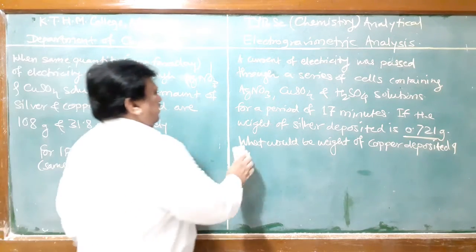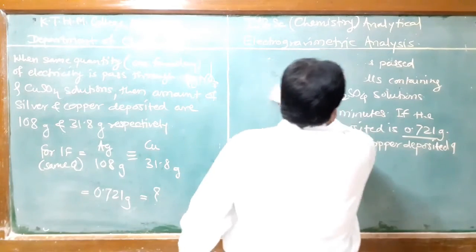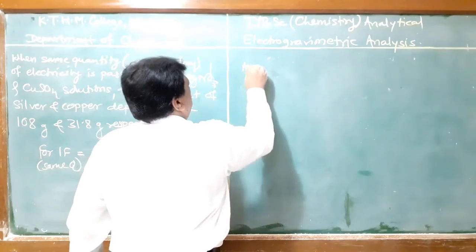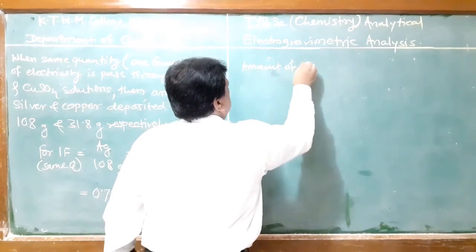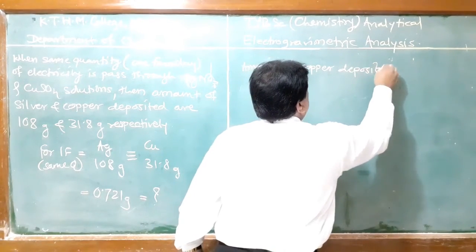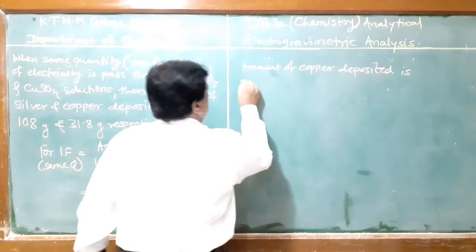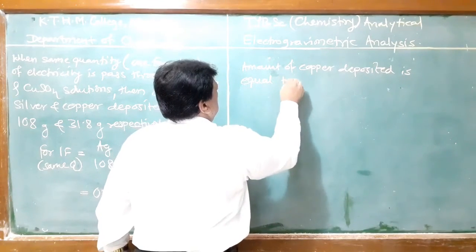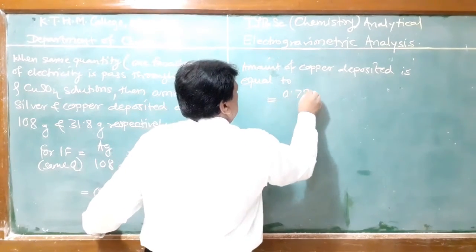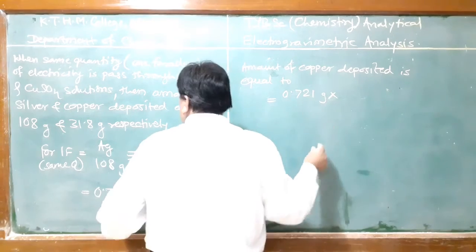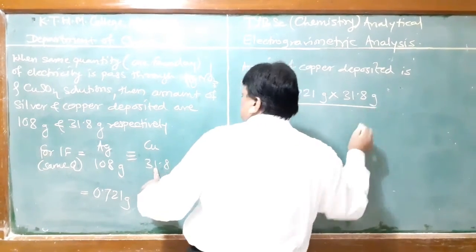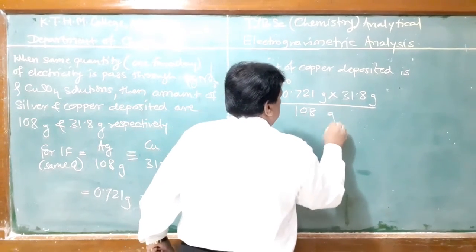Simply, with a cross multiplication, the amount of copper deposited is equal to 0.721 gram into 31.8 gram divided by 108 gram.